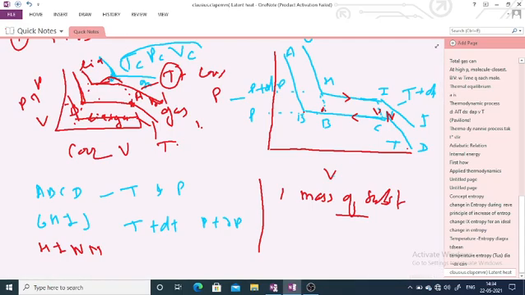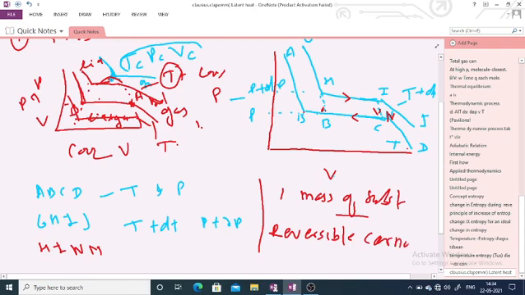Suppose H, I, N, M is a reversible cycle like the Carnot cycle. We say it is a reversible Carnot cycle. So there are 4 processes in the Carnot cycle.